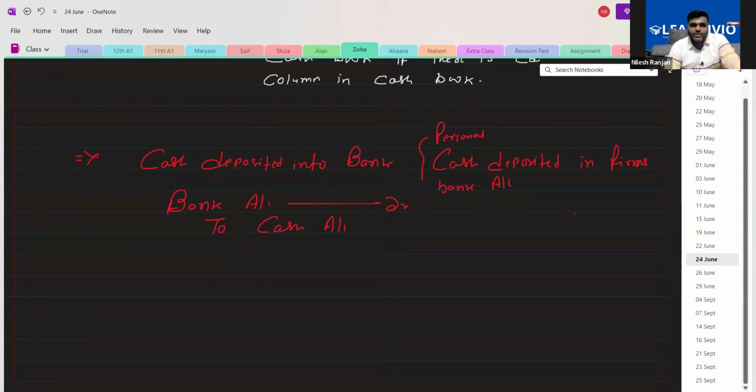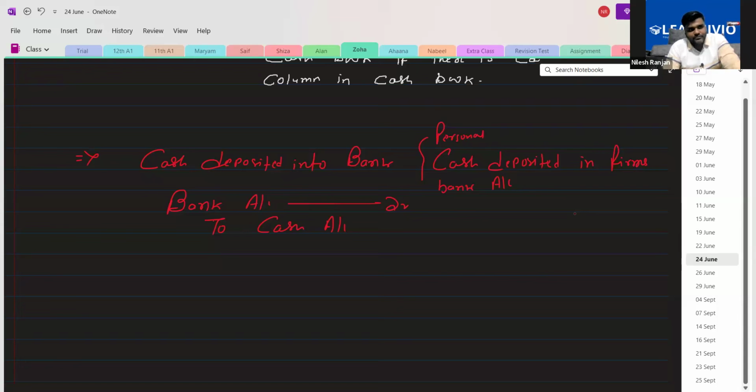If you are depositing personal cash into the firm's bank account, it will become capital, because it is an investment of capital. Whenever the owner invests money into the business, it is called capital.